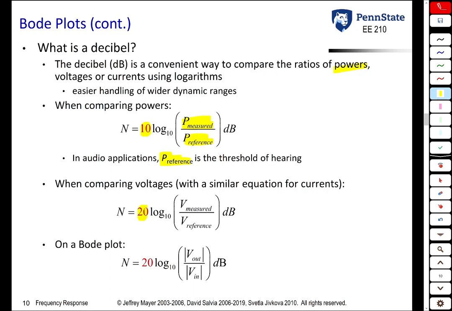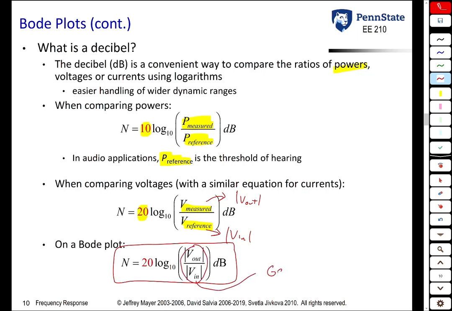The other thing we need to understand is that our reference voltage, as we call it, is nothing more than the magnitude of our input voltage, and then our measured voltage is the magnitude of our output voltage. So the equation we will use for dB is 20 log base 10 of the ratio of output voltage over input voltage. And of course, output voltage over input voltage is what we commonly call gain.